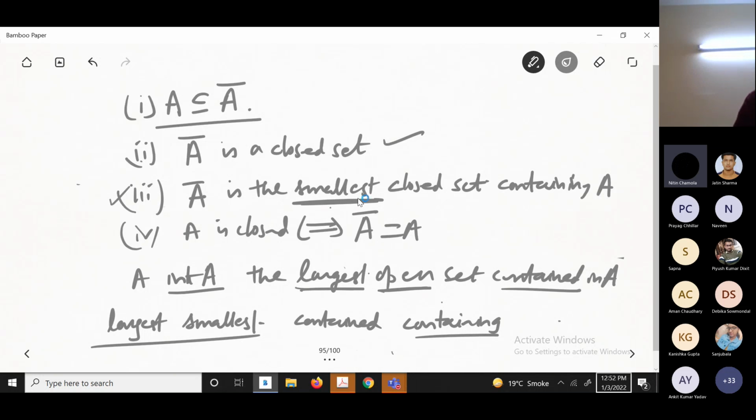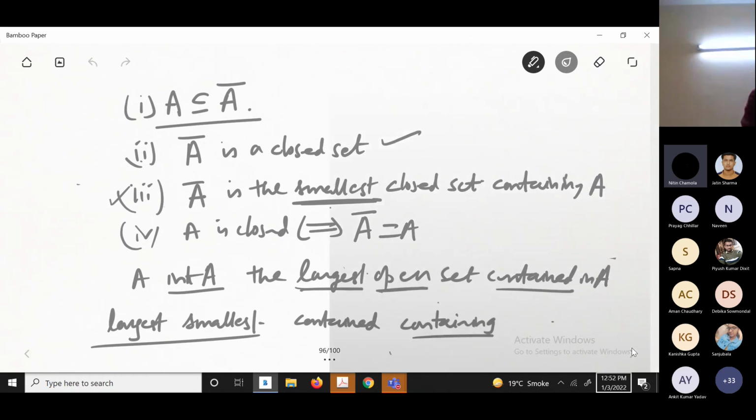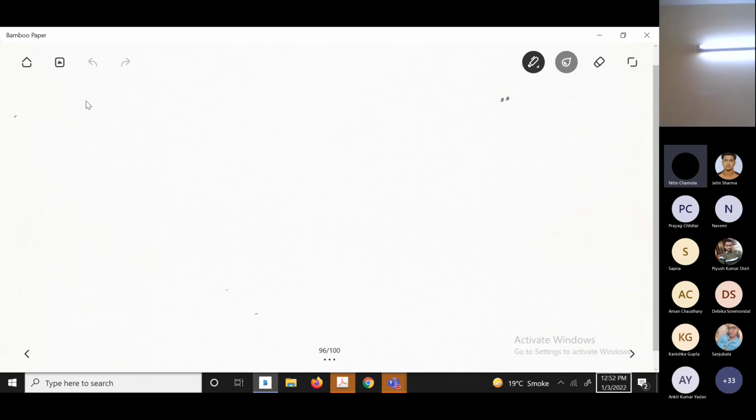Now this takes care of the closure points. Now here theorem 3.2. I think last time I told you the correction on that. Part C, that I have not explained either. The set of accumulation points.